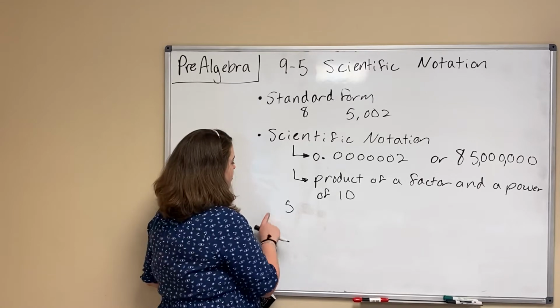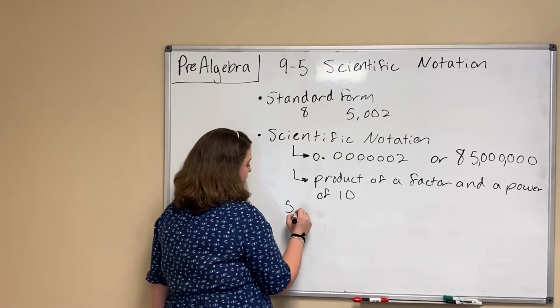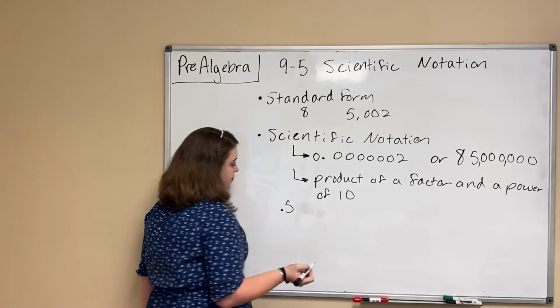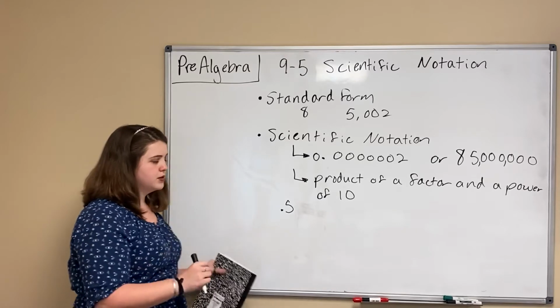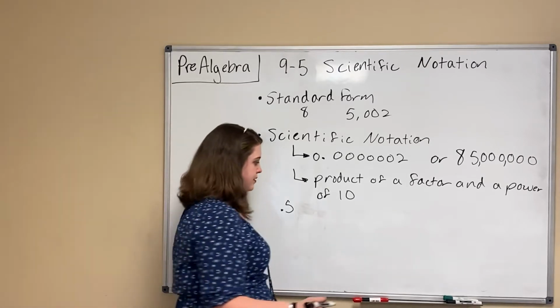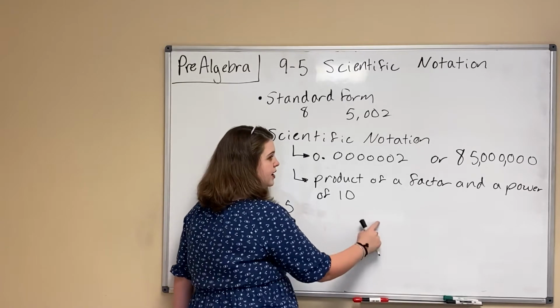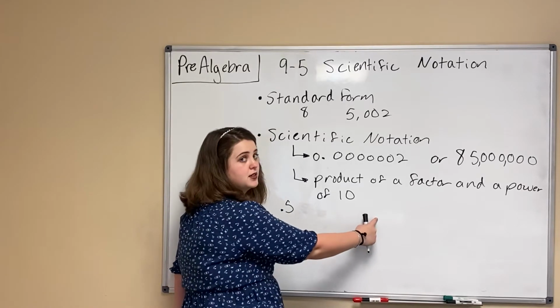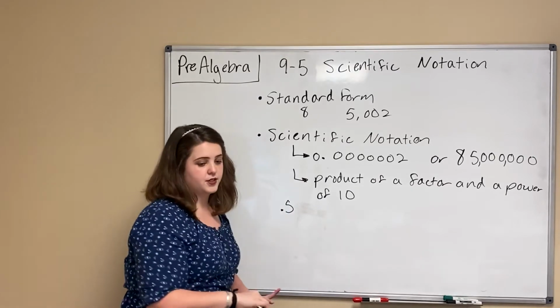Do you see how if I took 5 and I divided it by 10 again, I wouldn't have 5, I would have 0.5. So basically, every time I multiply a number by 10, I'm adding zeros this way. Every time I divide something by 10, I'm taking zeros away this way.